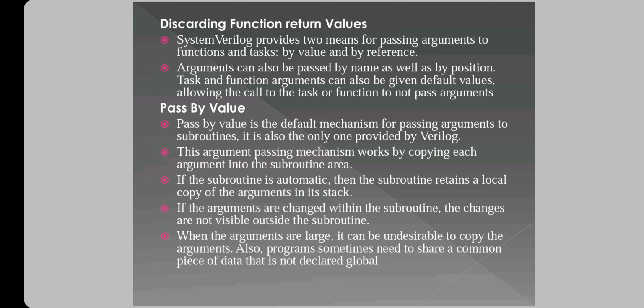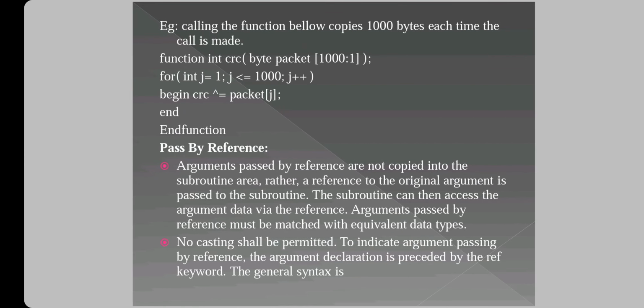Okay, so when the arguments are large, it can be undesirable to copy the arguments. Also, programs sometimes need to share a common piece of data that is not declared global. So for example, calling the function below copies 1000 bytes each time the call is made.